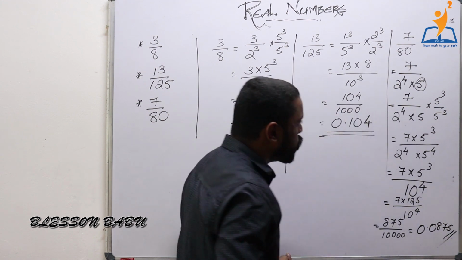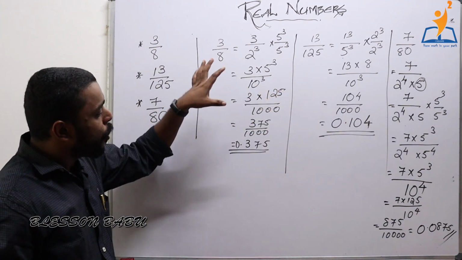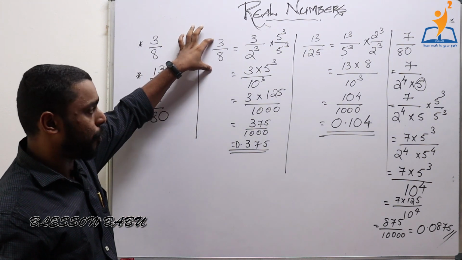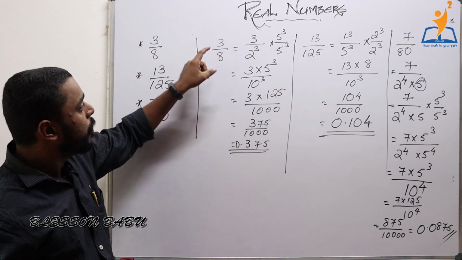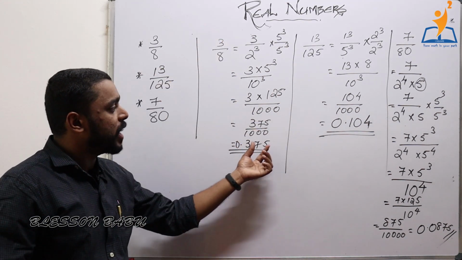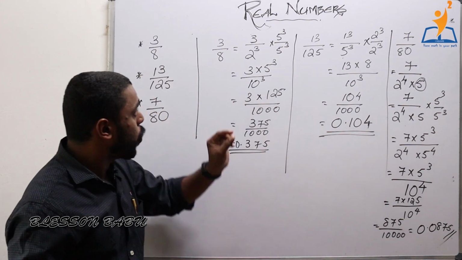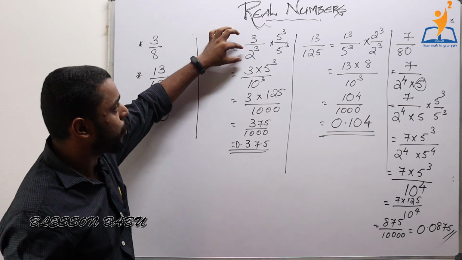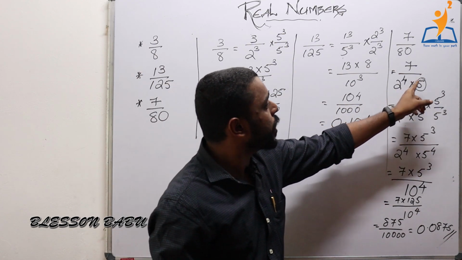0.0875. So in all the 3 examples, we can see that whenever we are given a fraction of the form p by q, we can convert it to a terminating decimal number. Why? Because the denominator is of the form 2 cube or 5 cube or 2 raised to 4 into 5.